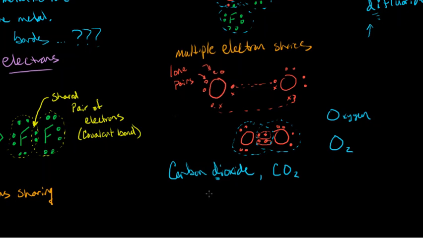Can you guys see that carbon? This carbon has 1, 2, 3, 4 electrons around it. Each oxygen has how many? Each one has 6. And I'm going to draw them on opposite sides for strategic purposes.